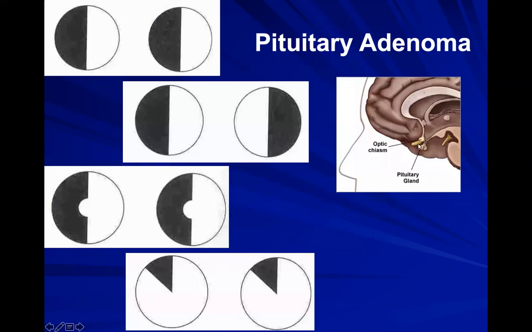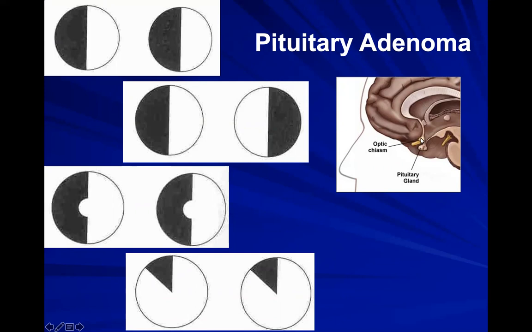We know where the pituitary gland is, where it sits, as nicely shown here. And when we have a pituitary adenoma, what do you think is the closest visual pathway to the pituitary gland when it actually increases in size and causes a more or less compression on the visual pathway?